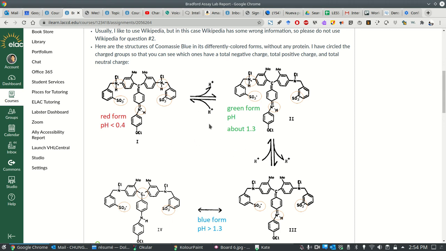So at pH 0.7, somewhere between this pH and this pH, we have some molecules like this and some molecules like this at pH 0.7. So when you take the Bradford reagent out of the cupboard or out of the refrigerator at ELAC, you will notice that it seems a bit red or brown because the color is somewhere between red and green.